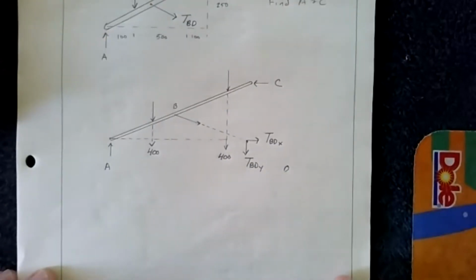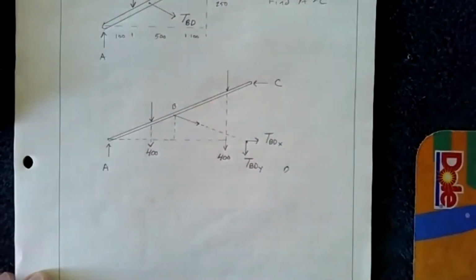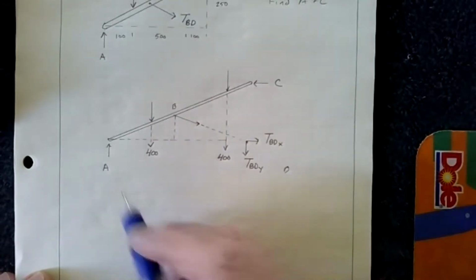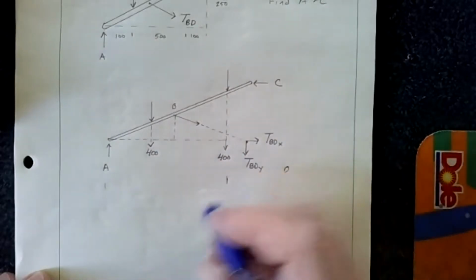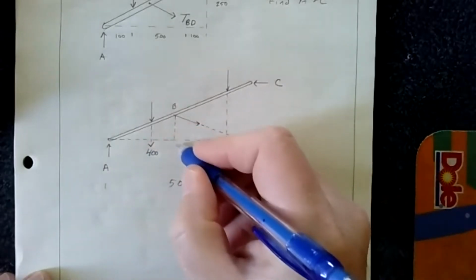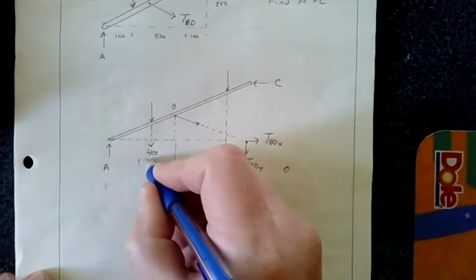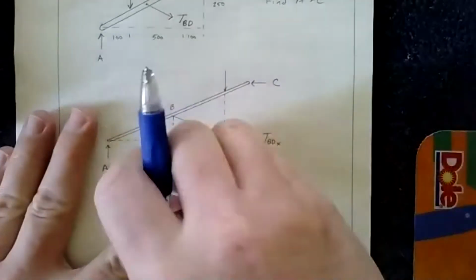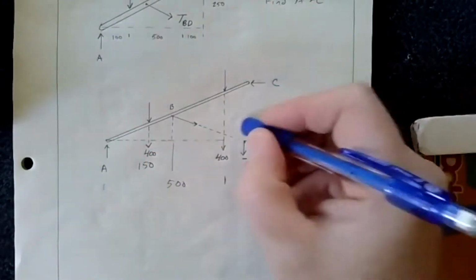And how we're going to do that is, if I draw a vertical right here, then based on the geometry of this whole thing, this distance is 500, and this distance is 150. And I know this whole height here is 250.